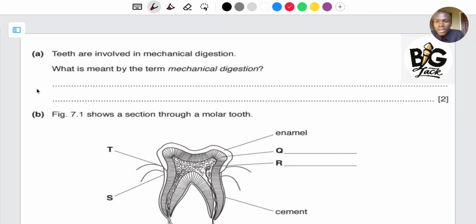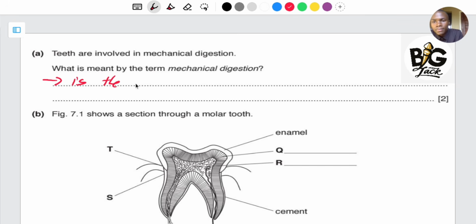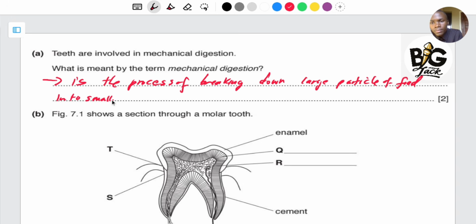So mechanical digestion is the process of breaking down large particles of food into smaller pieces by the use of teeth. So that is the way you're supposed to write that one.